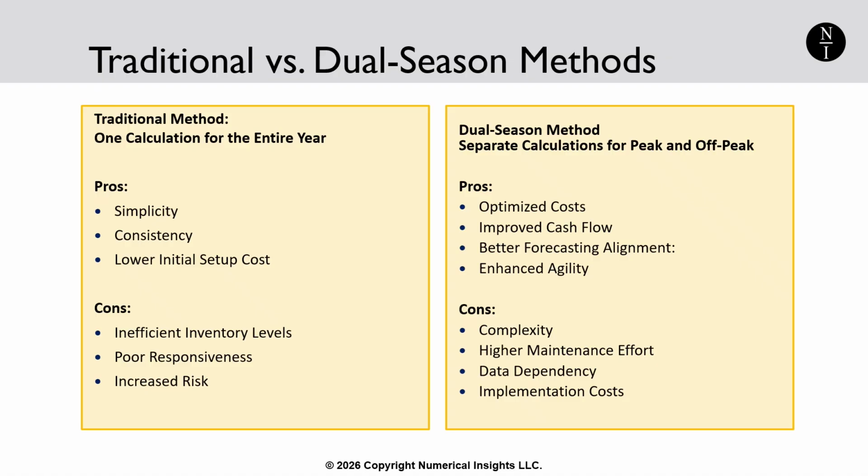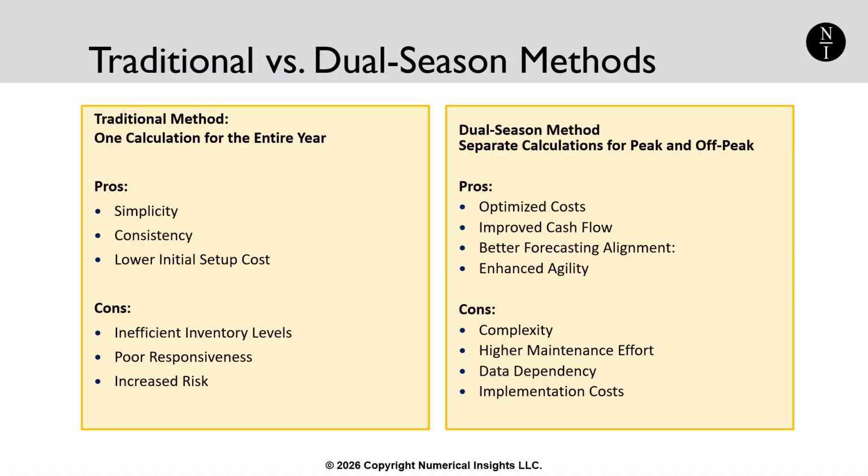It has a data dependency. It relies on accurate historical data. New or unpredictable businesses may struggle with initial setups. Forecasting inaccuracies could amplify risks if seasons vary year over year. It has implementation costs.